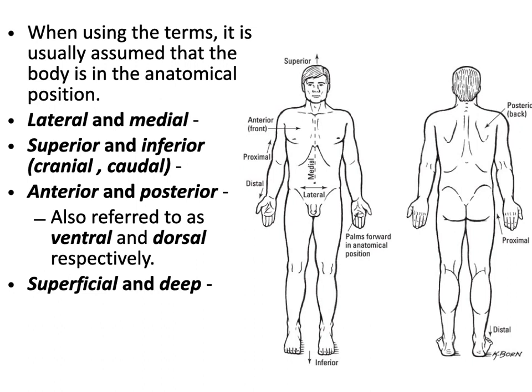The terms which are used are, there is lateral and medial. Lateral means away from the median plane and medial is towards the median plane. Superior, inferior, also known as cranial or caudal. Superior means cranial, towards the head, inferior is caudal, that is towards the lower end.